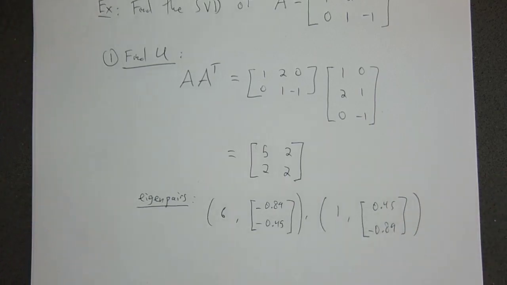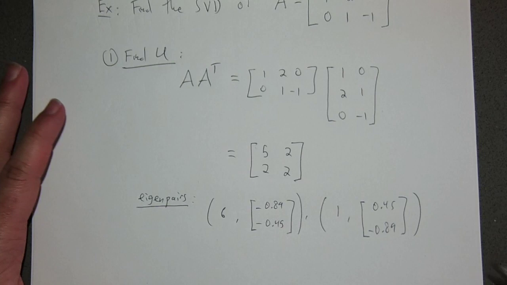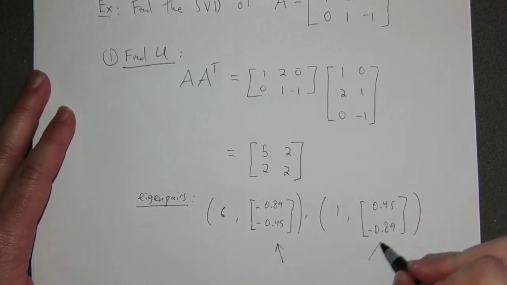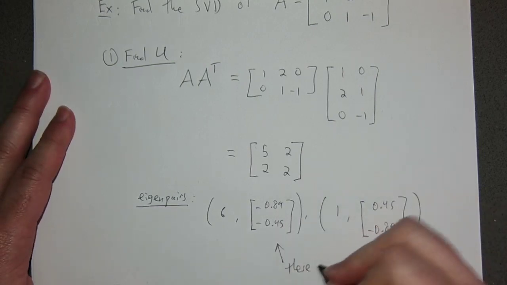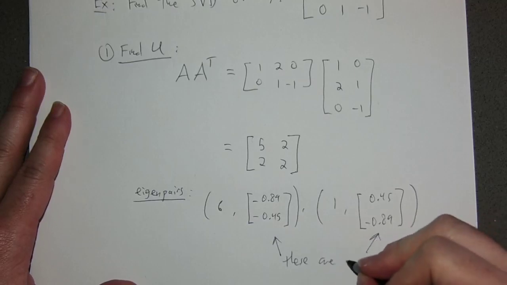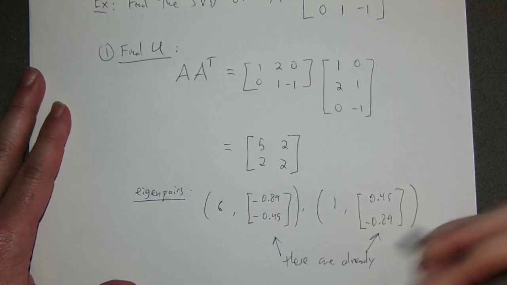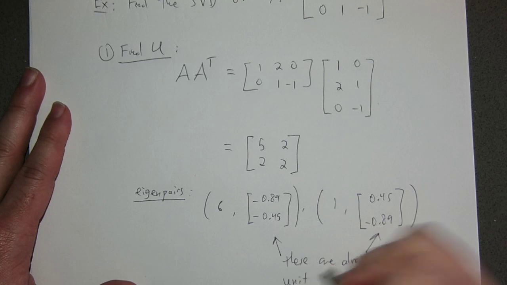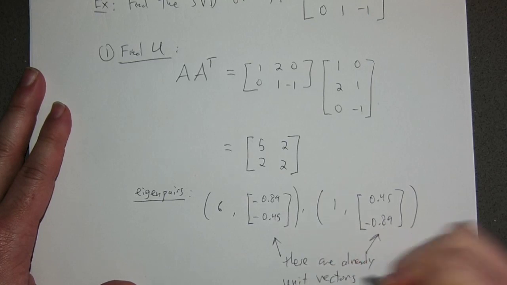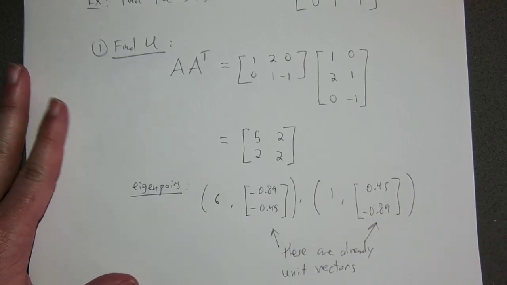Now, in this example, the way this is written in the notes is that you're already given this: both of these vectors have already been normalized, so these are already unit vectors. If they weren't, you would have to make them unit vectors. Okay, but that won't always be the case.